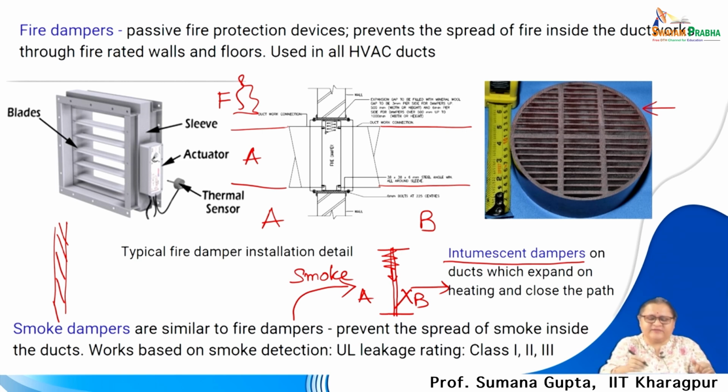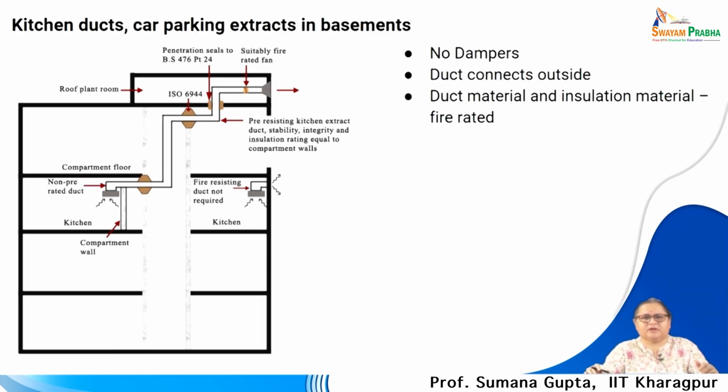All HVAC ducts mandatorily should have such systems when it is a central air conditioning system within a large scale building. However, kitchen ducts and car parking extracts in basements should not have any damper, because kitchen ducts always open outside.